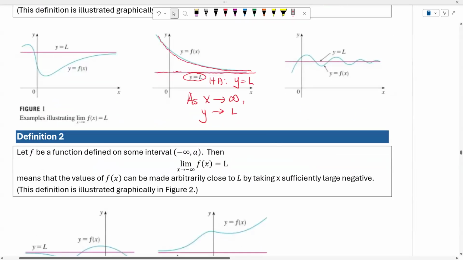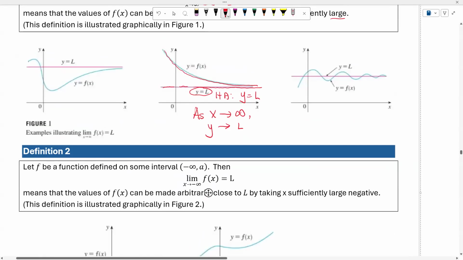And you will see that sometimes the function f is above L, sometimes it's below L, or just alternating around the line y equal to L.